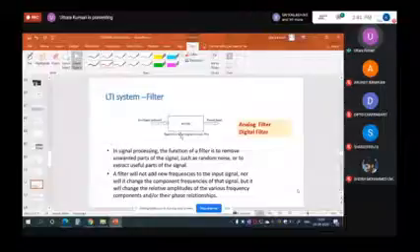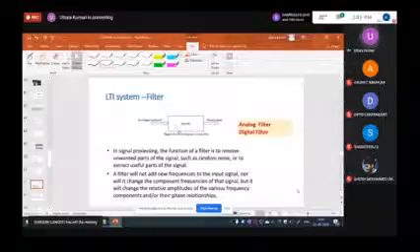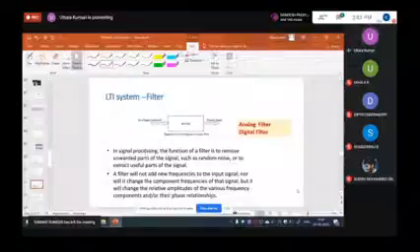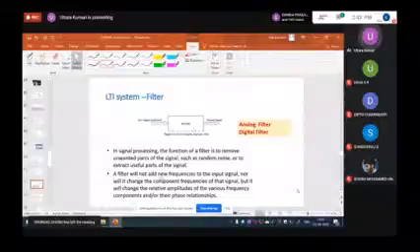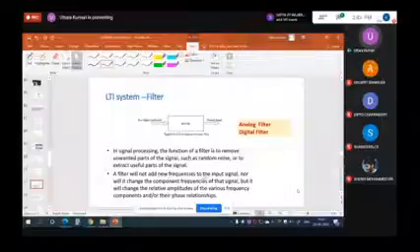In signal processing we study filtering to remove unwanted signals, or unwanted frequencies or parts of the signal, which means it is not going to add any new frequencies to the signal.